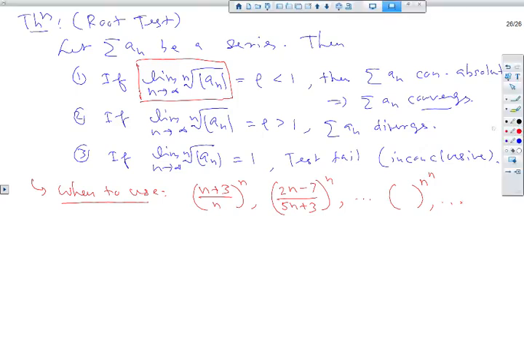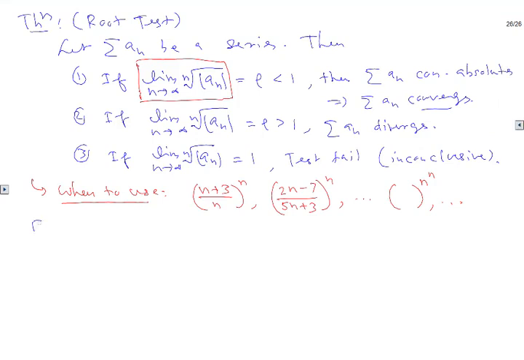How about this one? So let's do the first example. We can look at this series, sigma n going from 1 to infinity, negative 1 to the nth power, 3n plus 4 over 4n minus 3, it doesn't matter, so just say like that. So this is to the nth power, so that n is the indicator that we're going to use the root test.